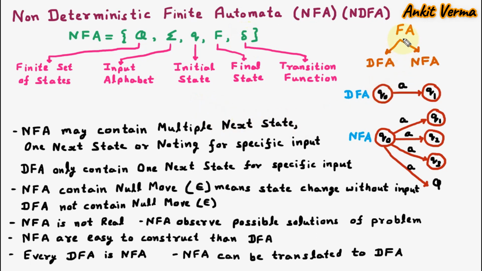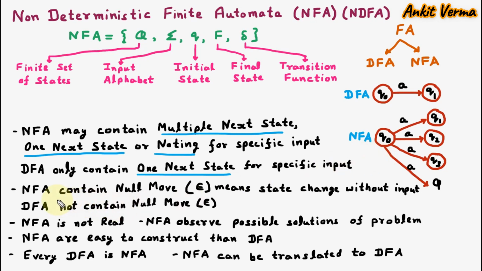So here we have learned the finite automata is of two types, deterministic finite automata and the non-deterministic finite automata. NFA can have multiple next state or one next state or nothing. So here for a specific input from Q0 we can go to one next state or multiple or nothing. But DFA only have one next state. For a specific input in the DFA we can go to the only one next state.